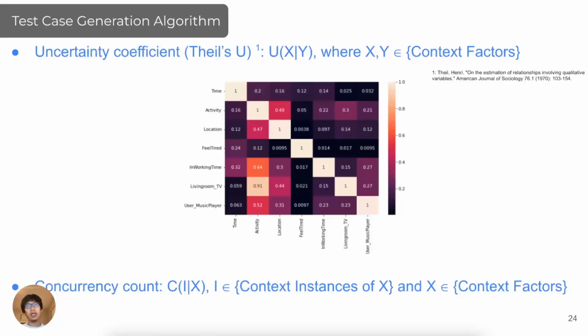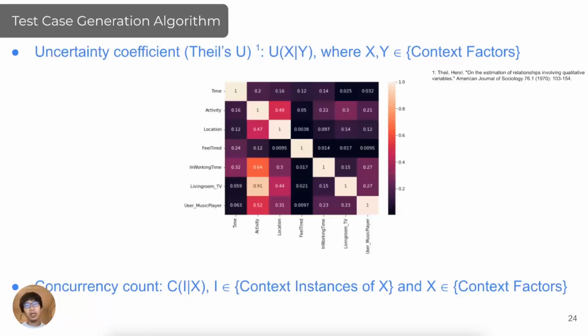I won't cover the details of the calculation, but this coefficient is based on conditional distributions and represents the correlation between 2 context vectors. For instance, if the uncertainty coefficient of activity and time context vectors is higher than the threshold, it means the user oftentimes does some specific activities at specific times.